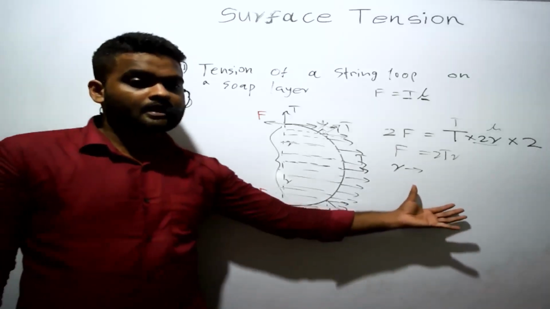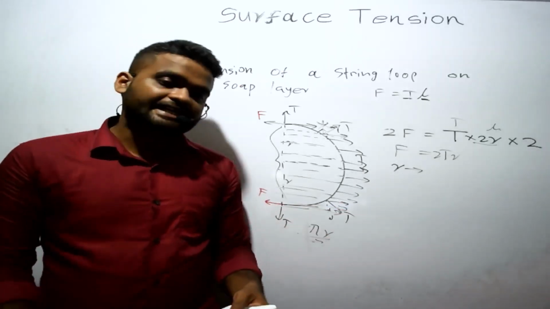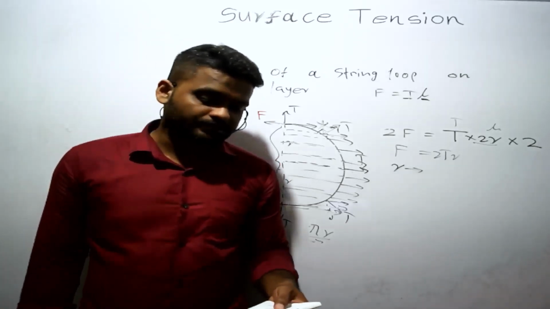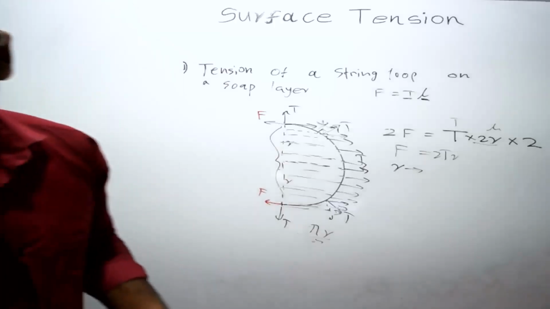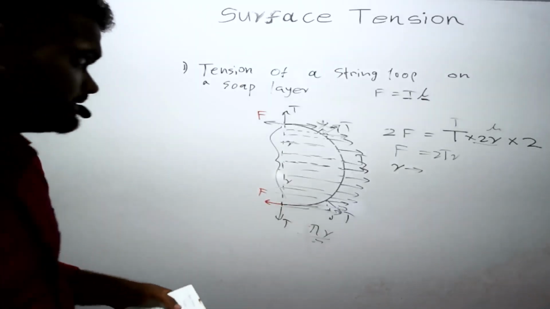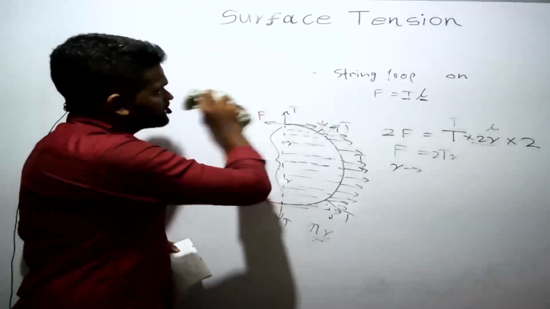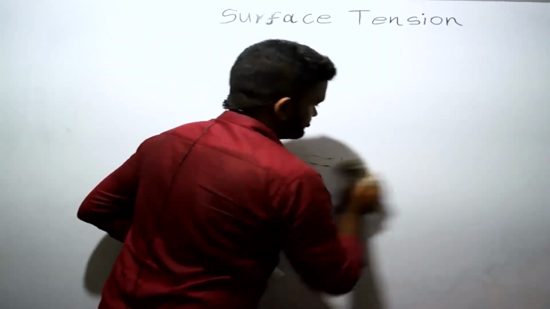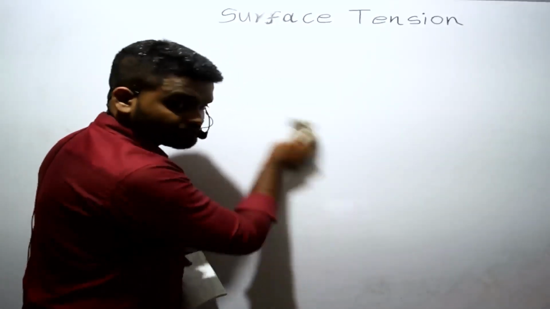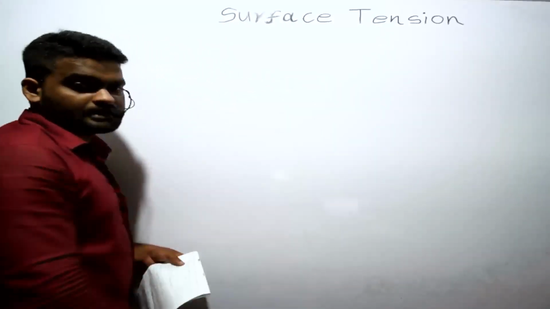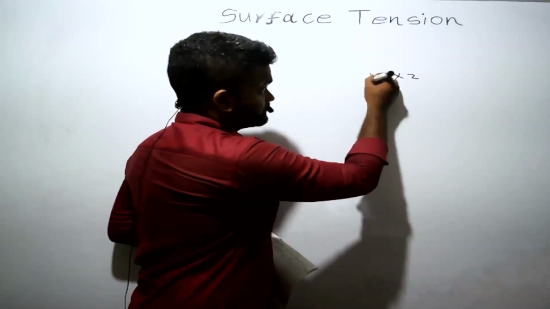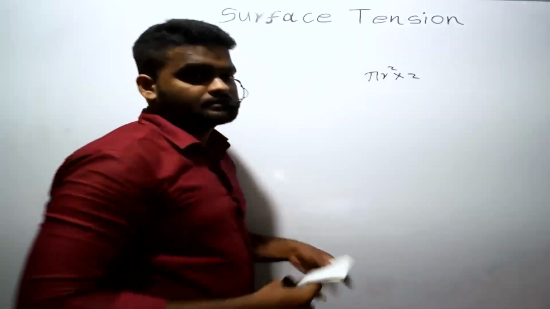Okay, below that write down: the surface area of the soap layer has decreased by pi r squared times 2, right? Because there are two layers. Understand?